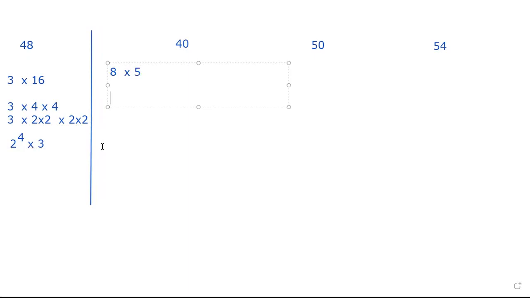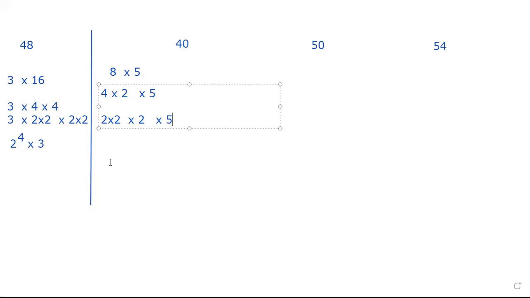The 8 is not a prime number, it's still composite. So let's break this down as 4 times 2, and then we still have our times 5. This 4 can still be broken down, so that's 2 times 2, 2 times 5.